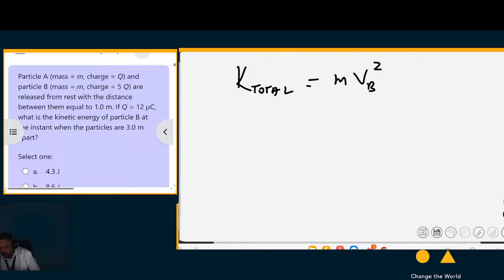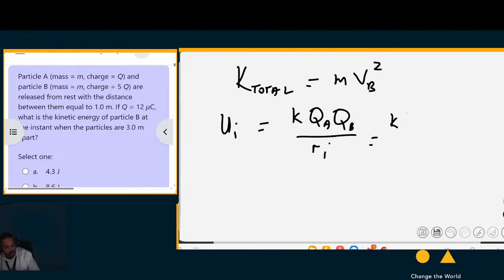Now if we calculate the total potential energy when they are 1 meter apart, the initial potential energy is just k times QA QB over the initial distance r, which is 1 meter.